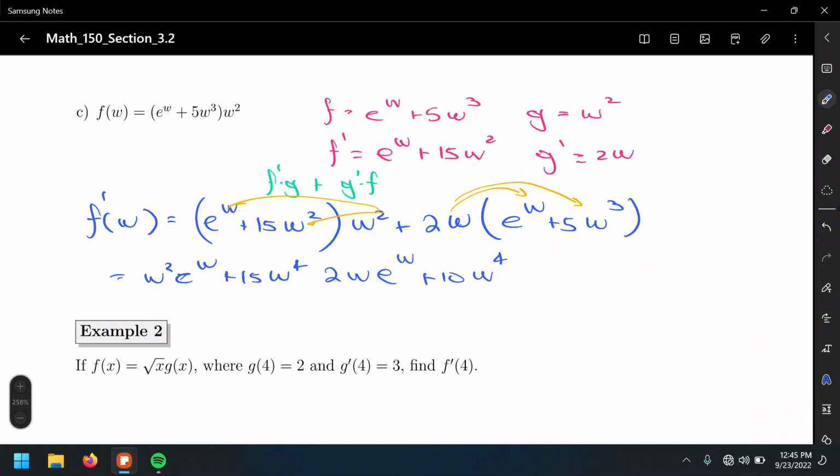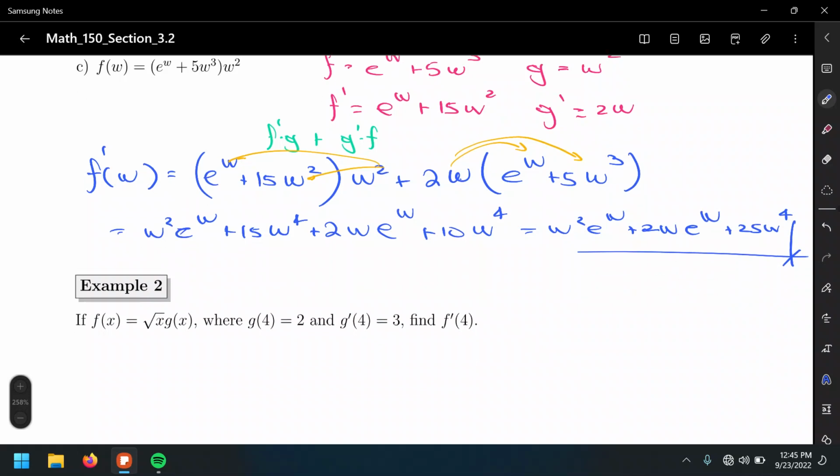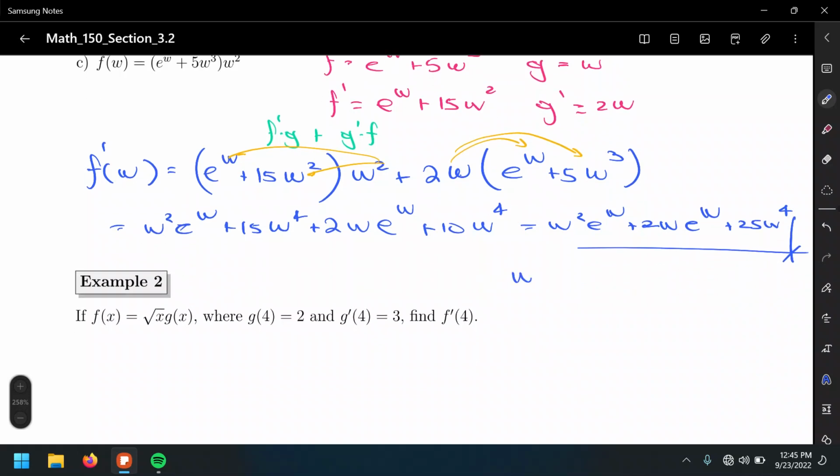Yes. So let me go with w squared e to the w plus 2w e to the w, and what is 15w to the 4th plus 10w to the 4th? 25 w to the 4th. Can we factor out w more or no? We can actually, yep, we can factor. On the exams, we just leave it like that.